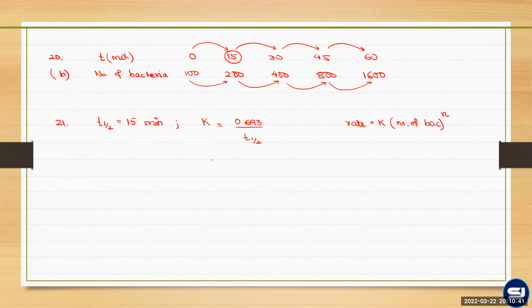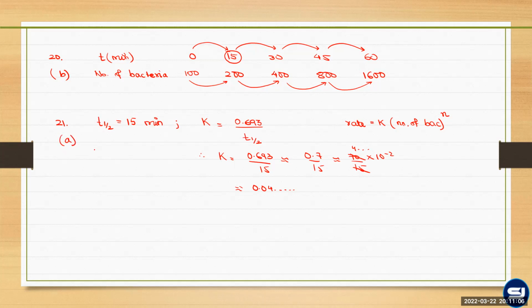So once you know the half-life, you can directly calculate K would be equal to 0.693/15. That's approx 0.7/15, which is 0.0460. 4 point something into 10⁻², मतलब 0.04 के आसपास आना चाहिए, पूरा कैलकुलेट करने की जरूरत नहीं है. So the answer you get would be option A.